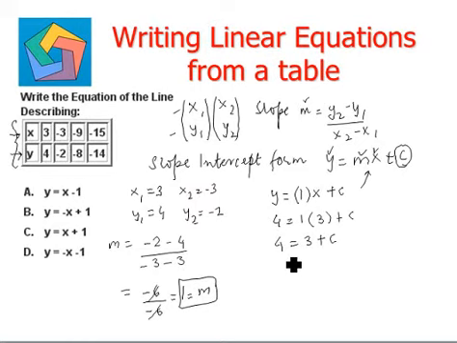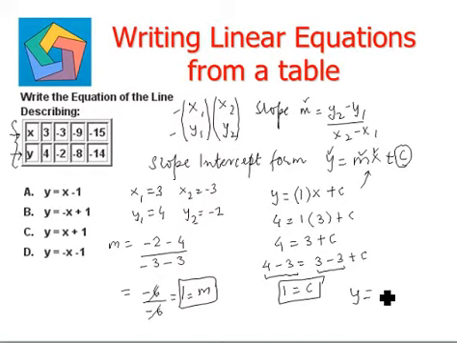We subtract 3 from both sides to do away with this 3. 3 minus 3 equals 0, and 4 minus 3 equals 1. So the value of c is 1. So our equation is y equals mx plus c, where m is 1, so y equals x plus 1 is the final answer, and can be seen in option C.